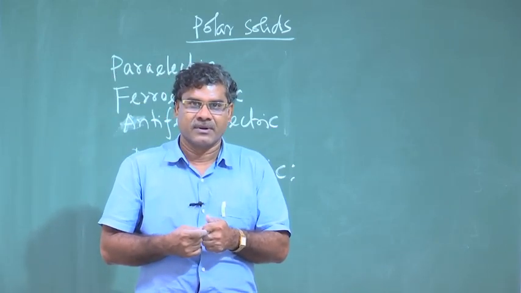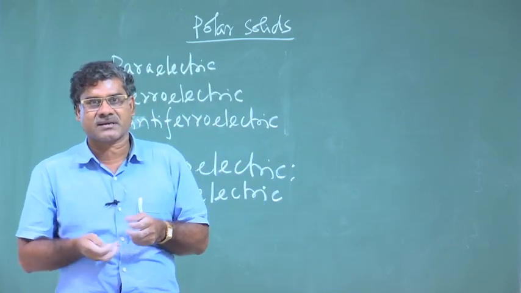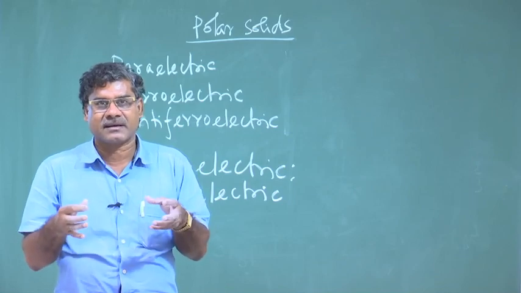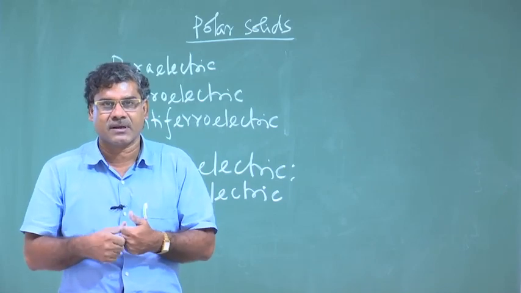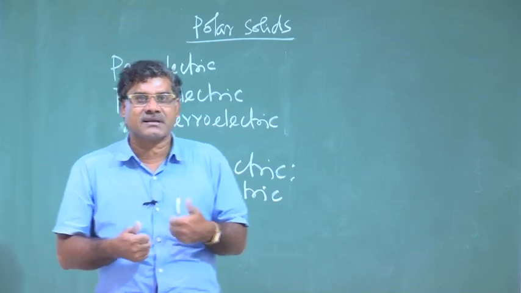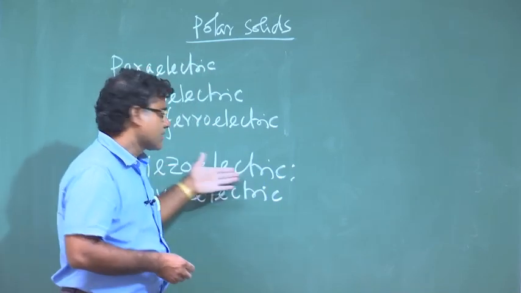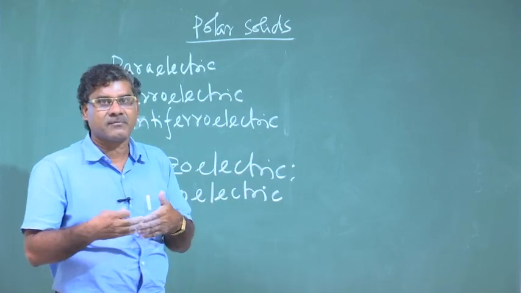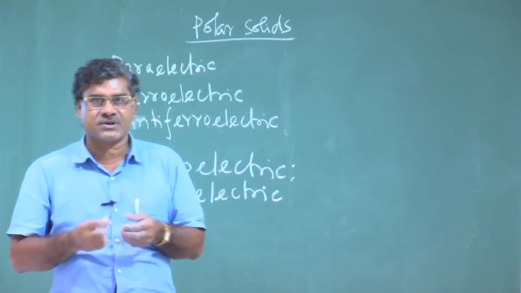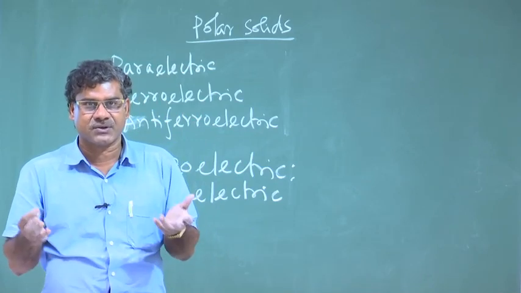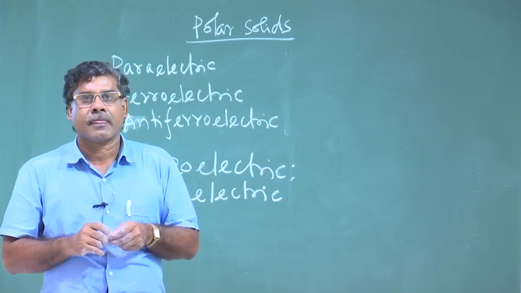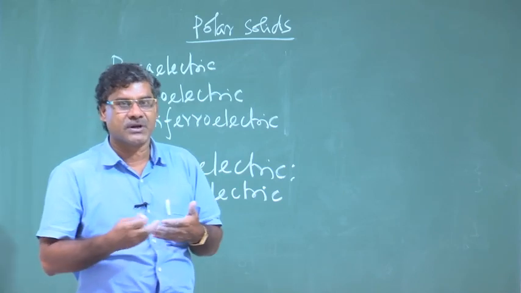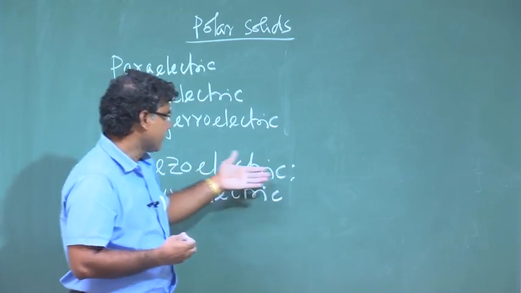If you apply pressure, the material's dimension will change, and due to the change of dimension this polarization occurs. That polarization means you are getting charge, which you can get in terms of voltage, in terms of electric field.